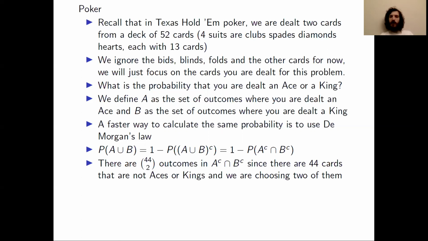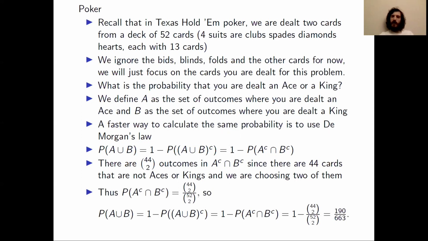We see that there are 44 choose 2 outcomes in A complement intersect B complement. Why is that? Well, there are 44 cards in the deck that are not aces or kings, and we're choosing 2 of those cards if we are in A complement intersect B complement.